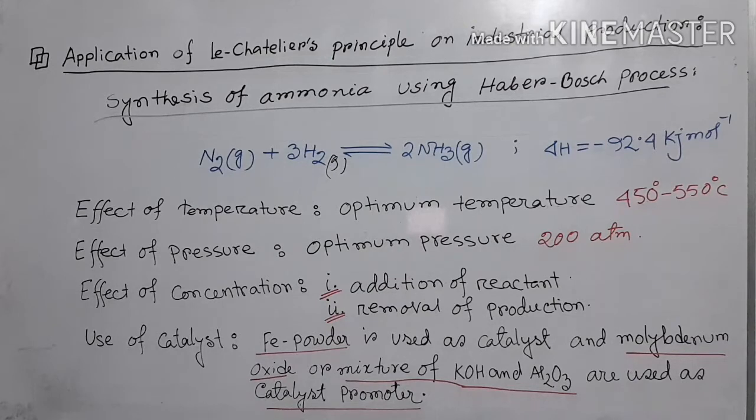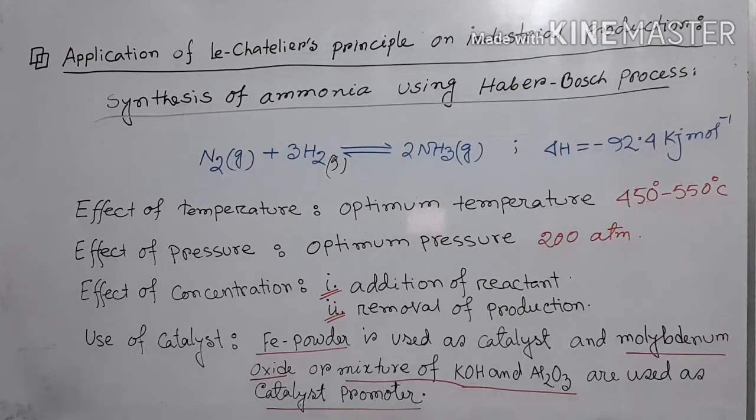Experimentally, it has been found to be true, and pressure of 200 atmosphere is used in industry to get a reasonable and economically profitable production of ammonia.